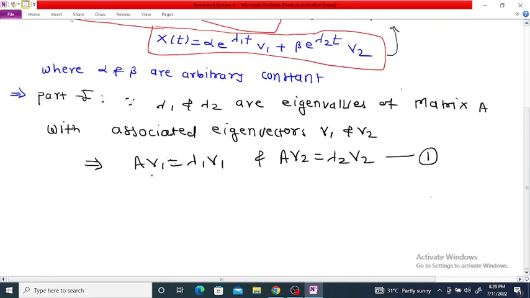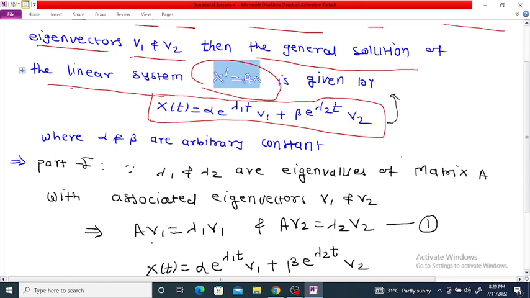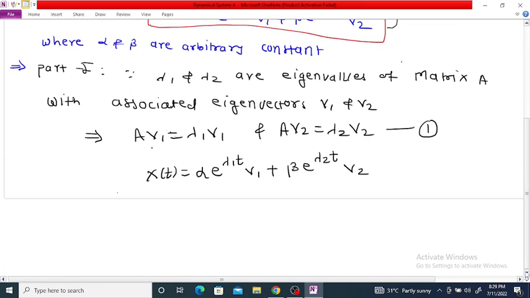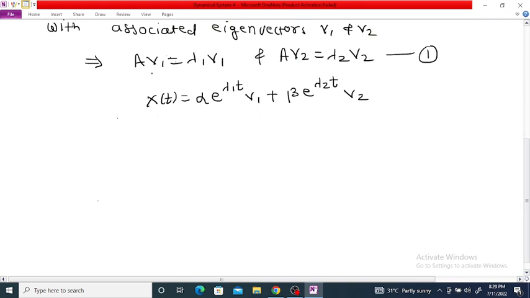So now we want to show that x(t), given x(t) is equal to alpha e raised to lambda 1 t v1 plus beta e raised to lambda 2 t v2, is the solution of the system x dash is equal to Ax. So consider LHS. What is LHS here?